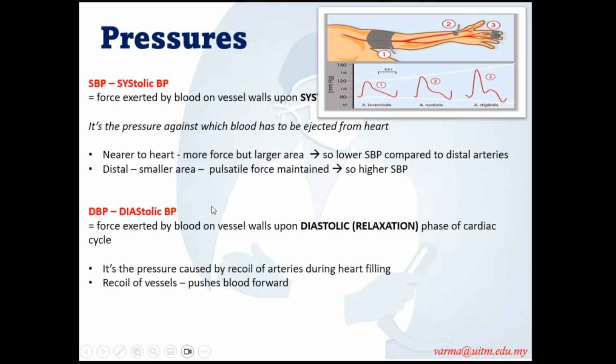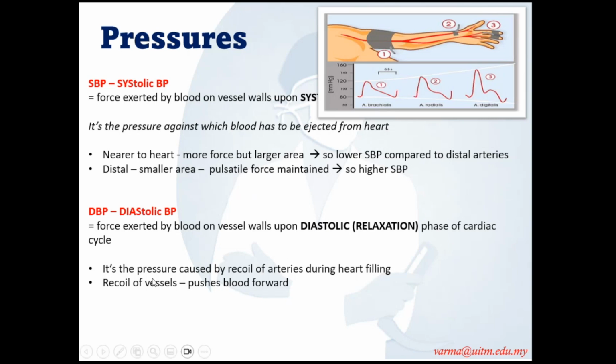Diastolic is the force exerted by the blood vessel wall during the relaxation phase of the cardiac cycle. It is the pressure caused by the recoil of arteries during heart filling. Because during the filling of the heart, you have to push back all the blood from the arterial to the venous system, and the venous return into the IVC and the IVC into the right heart.